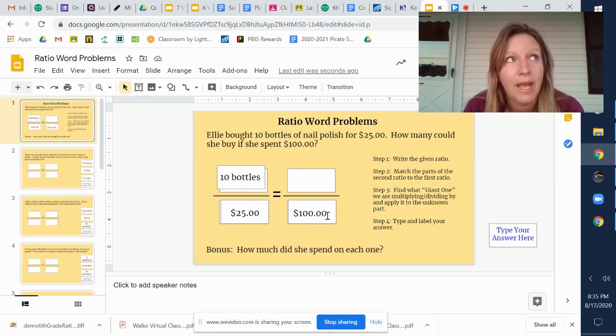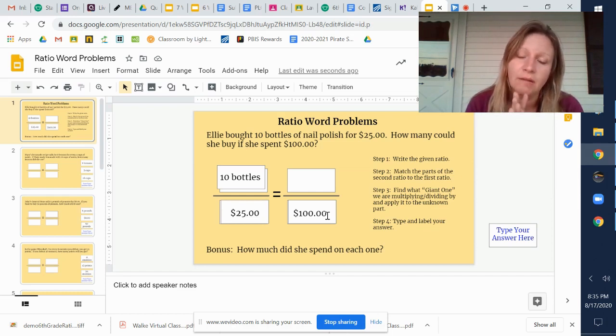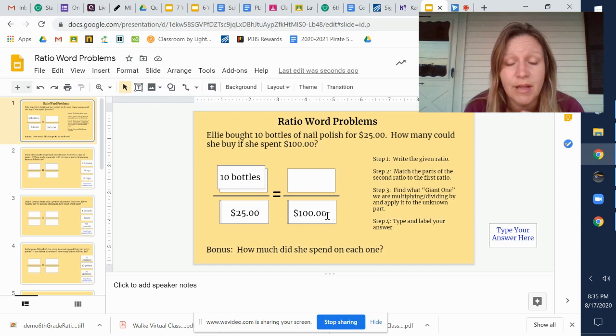The number's getting bigger, and bigger means that I need to multiply. If it were getting smaller, I would know that I needed to divide. What do I need to multiply by? You need to ask yourself, how many 25s are in 100? I know that there are 4 quarters in 100 pennies, so that multiplier is 4. So I'm going to times 25 by 4 to get 100.